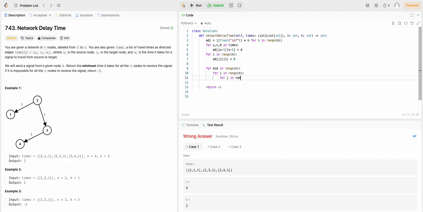The complexity is not that great, but this is one way to solve the problem. And so for the adjacency of i comma j, we're going to consider a minimum value here. The minimum value would be the value itself, and we're going to use a mid over here.